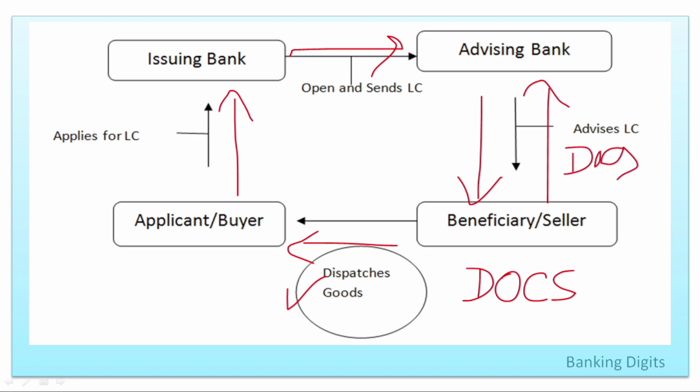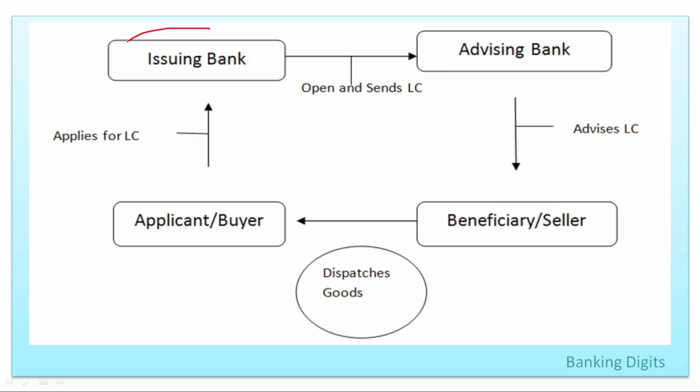Then the advising bank further presents the documents to the issuing bank. After the documents reach the counter of the issuing bank, if the issuing bank finds the documents are compliant, then the issuing bank makes payment or provides acceptance to make payment to the beneficiary through the nominated bank.